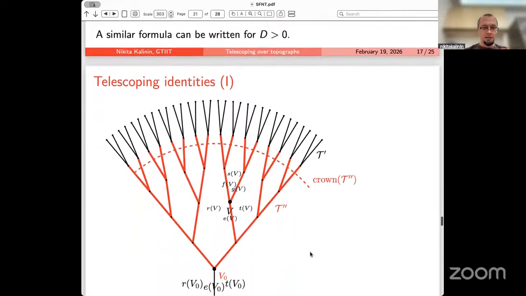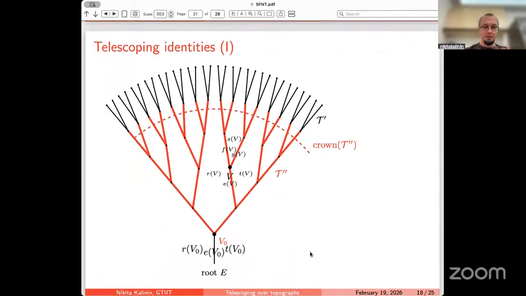And my result is that I can do the same with topographs, just via telescoping. So here is a part of a topograph. We will start with a root. The root corresponds to the basis 1, 0, 0, 1. Then here you have the vector 1, 1, here the vectors 1, 2, 2, 1, and so on. So this tree shows how to generate all the possible bases for Z squared in the first quadrant.